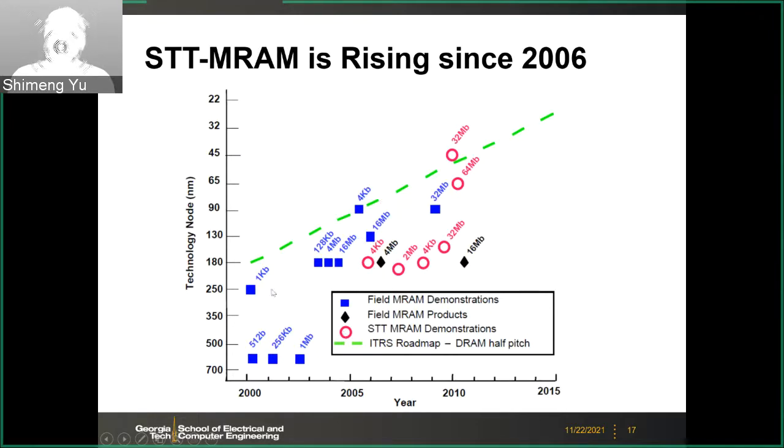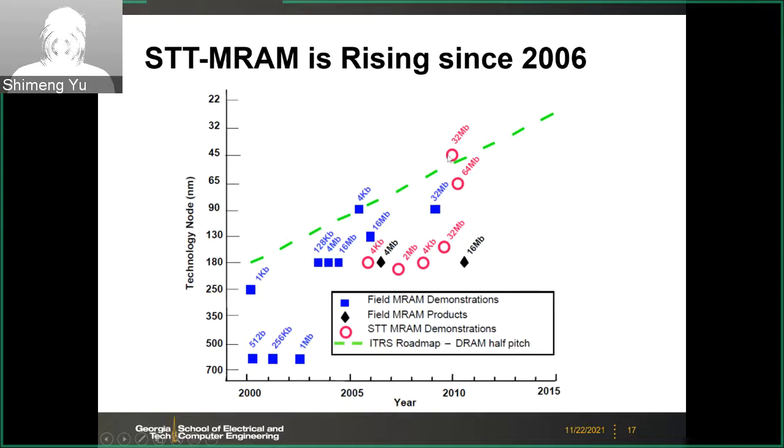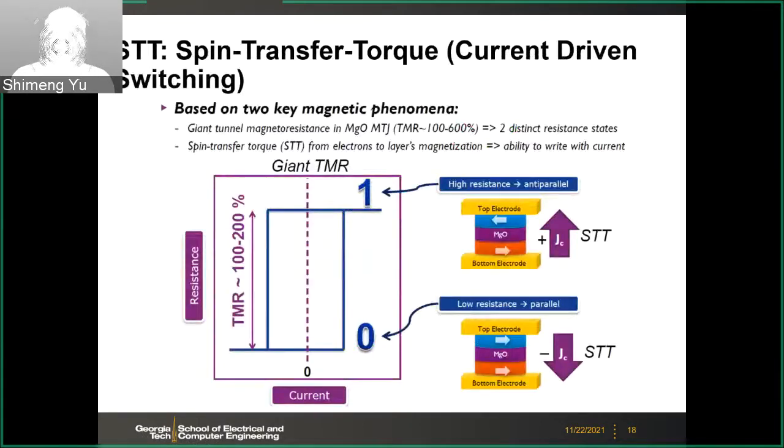Here the blue ones are the prototype chips for the field switching MRAM. Starting from around 2005, 2006, the STT-MRAM demonstrations began to dominate, and the capacity of the chip became higher and higher. Basically, industry already gave up or abandoned the concept of field MRAM, and now the mainstream is STT. STT is spin transfer torque.